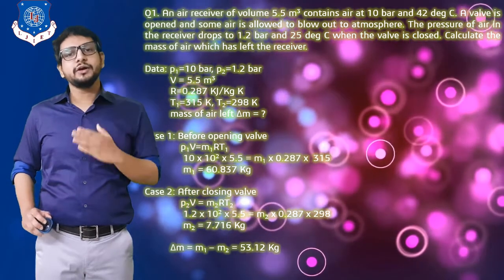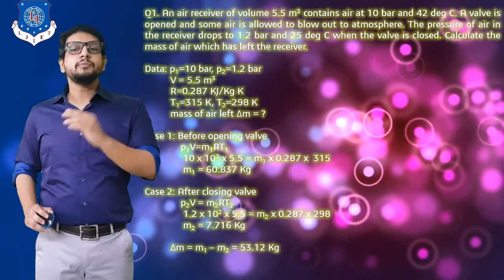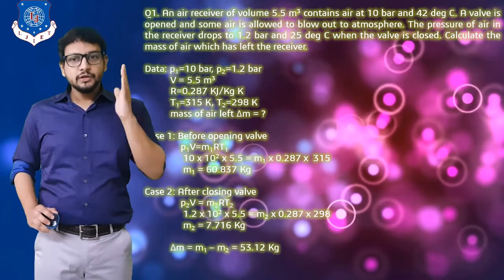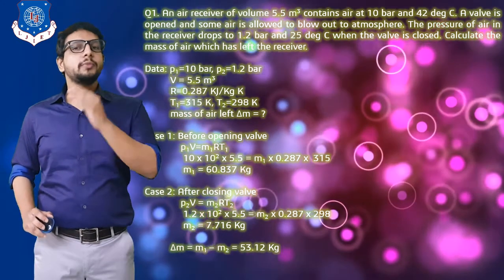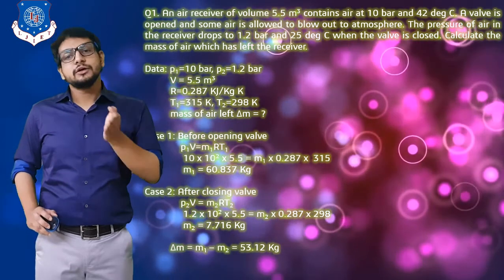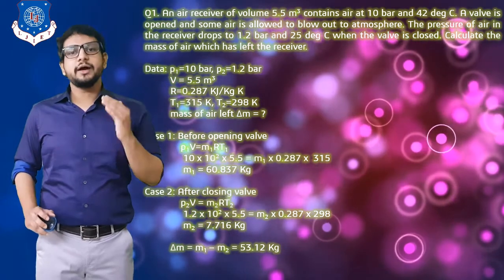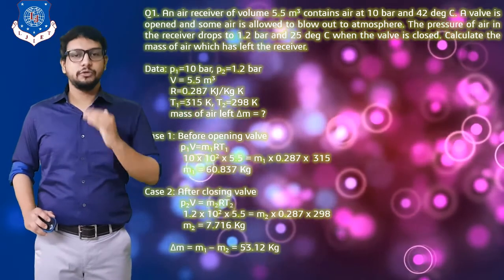A valve is opened and some air is allowed to blow out to the atmosphere. The pressure of air in the receiver drops to 1.2 bar and 25 degrees Celsius when the valve is closed. You need to determine the mass of air which has left the receiver.